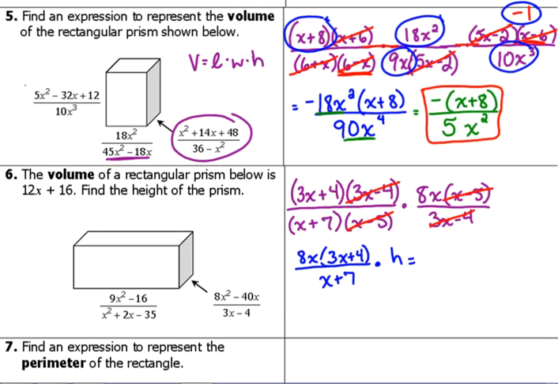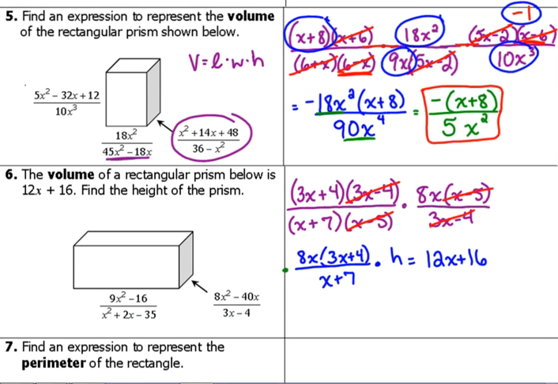If we multiply that by the height, we will get the volume, 12x plus 16. How do we solve for h? Divide, okay? We would be dividing by a fraction. So what is the same thing as dividing by a fraction? Multiplying by the reciprocal. So let's do that.